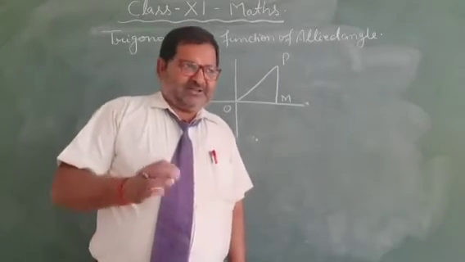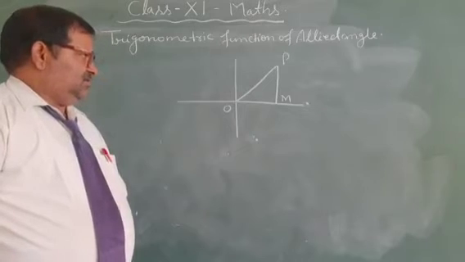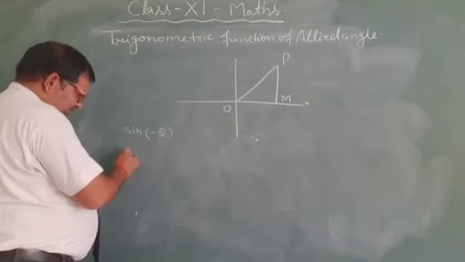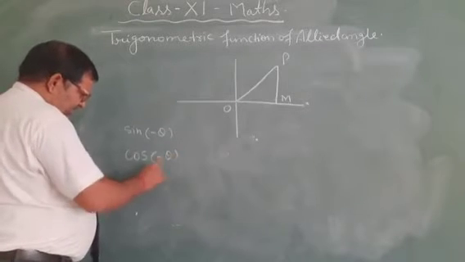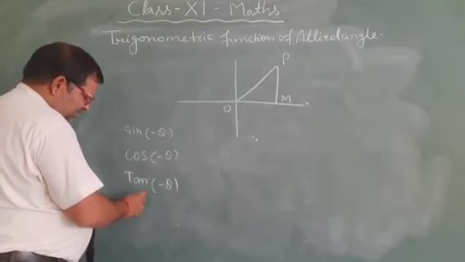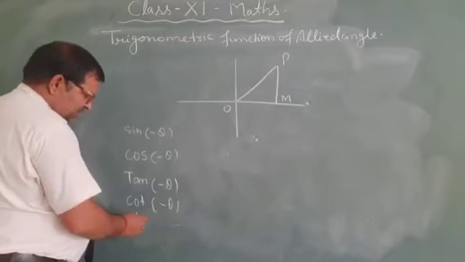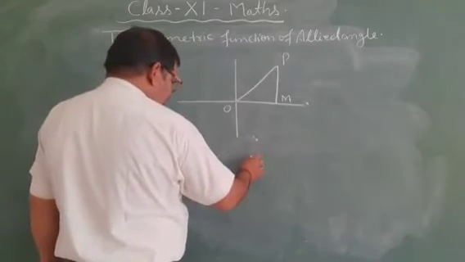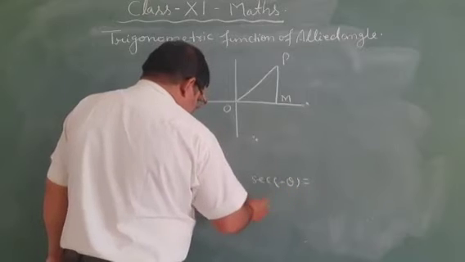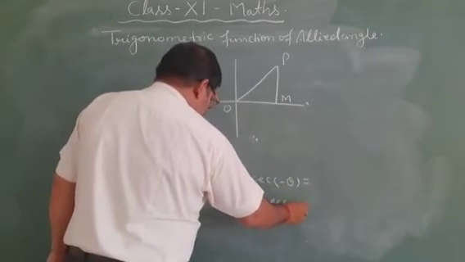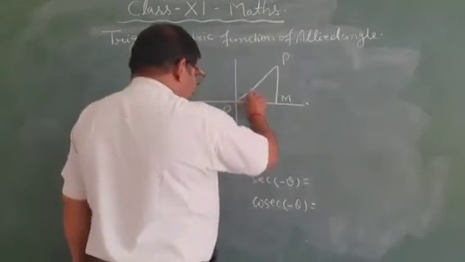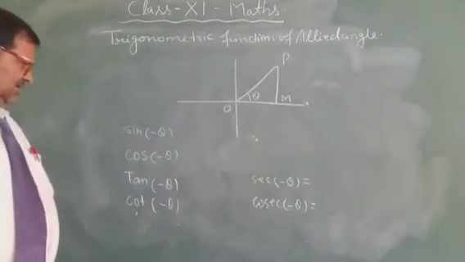The trigonometric function of minus theta, that is sine minus theta, cos minus theta, tan minus theta, cot minus theta, sec minus theta and cosec minus theta. This angle is a theta.